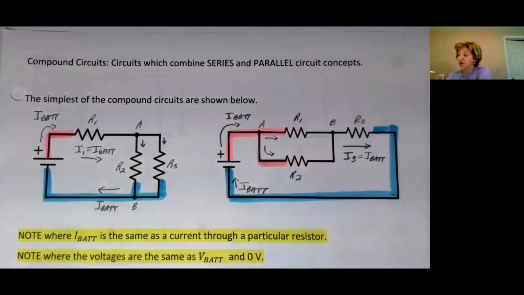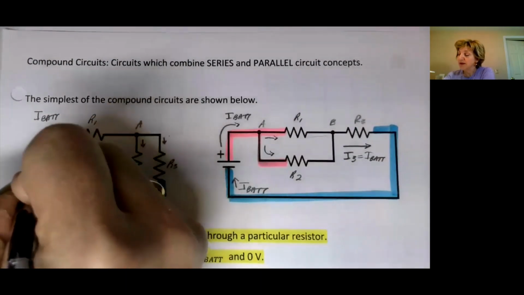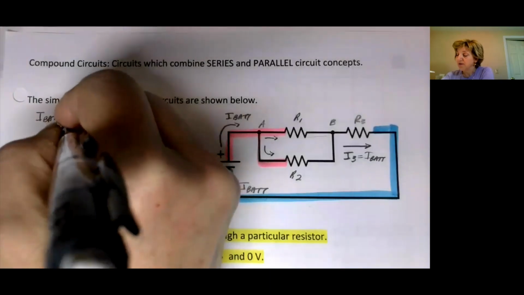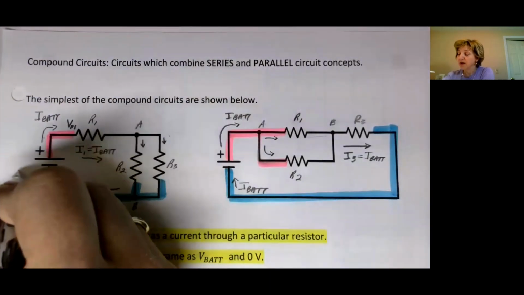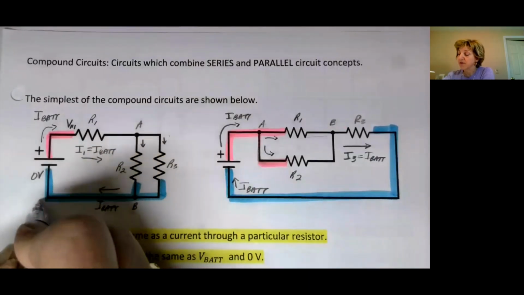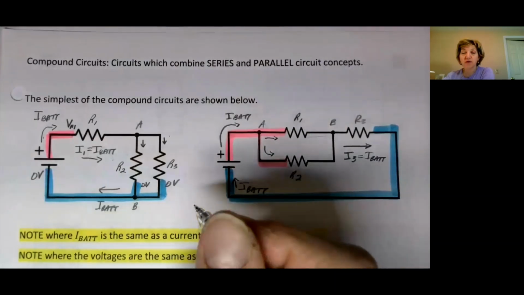With this in mind in our coloring as a guide, we know that anywhere along pink is the same voltage as the battery. We're going to call that V high here, but if we had a number like 100 volts, we would put 100 volts there. This is the 0 volt end, so now we can put 0 volts here and 0 volts there.